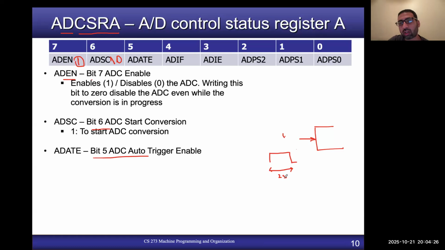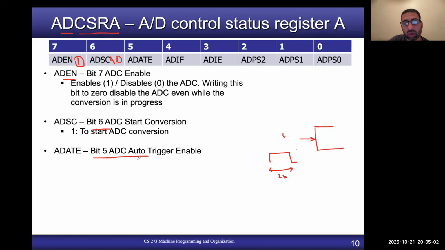One way is to manually control it: whenever I tell you to start conversion, you read the input and convert it into digital form. The other option is that I'm not going to manually tell you every time I write 1 to the ADSC bit to start the conversion. Instead, you can read some sources or events, and whenever that event happens, read the analog input signal and convert it into digital form.